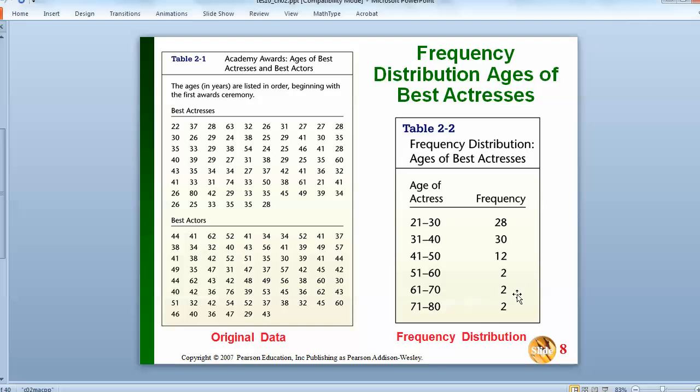We now know that there were 2 people in the age 61 to 70 bracket, but we don't know if there was ever anyone that was actually age 69, for example. In fact, look at my distribution over here, and there was someone that was 61, and can you see the second person that would have been in that interval?